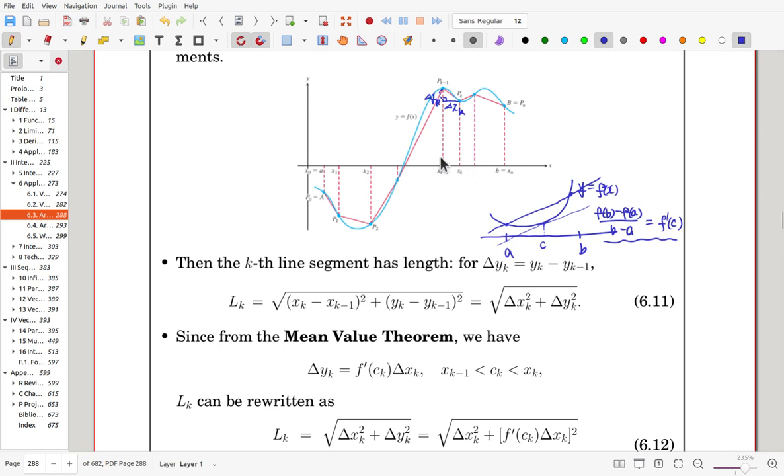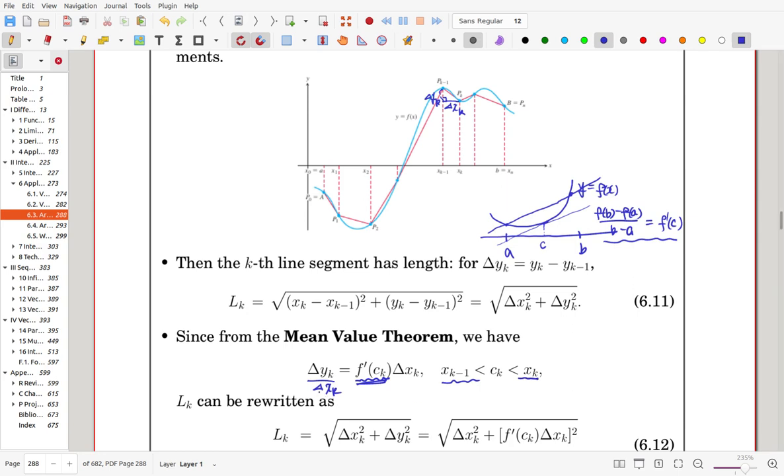Now, for each subinterval, the slope is the same as the slope at some point ck. So that is exactly delta yk over delta xk, which is the same as f prime at ck, for some point ck between xk minus 1 and xk.